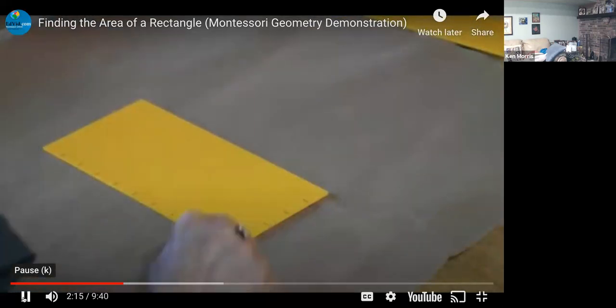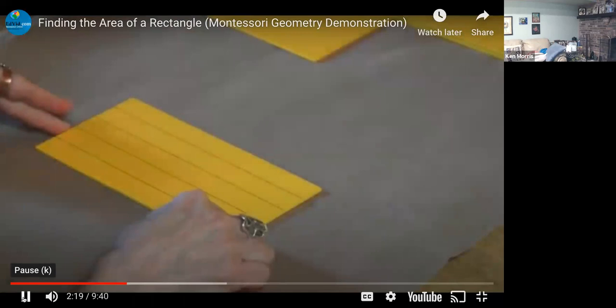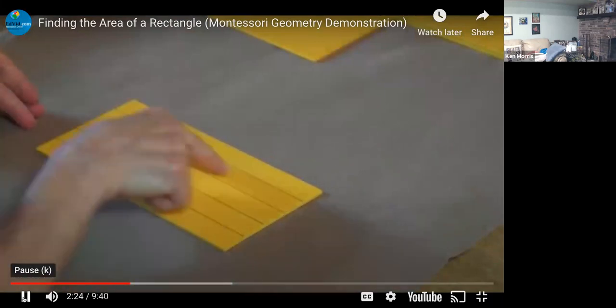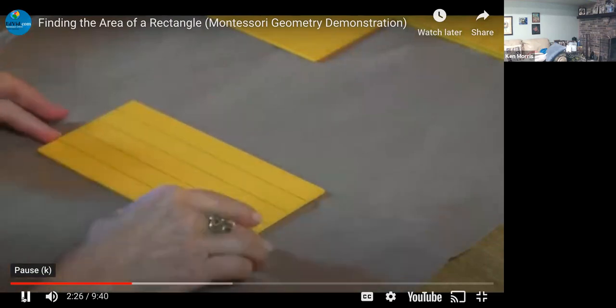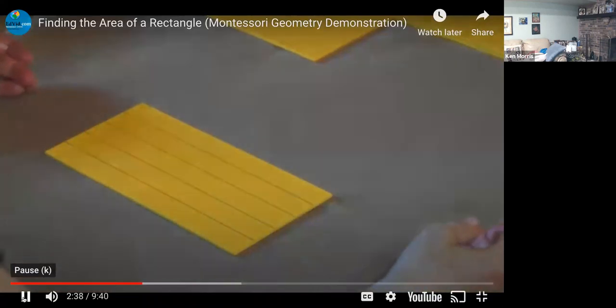So let's extend these units. So now I have this rectangle, which is divided into 5 parts. It's not enough to say that this rectangle is 5. So let's continue to look at the surface and its measurement.